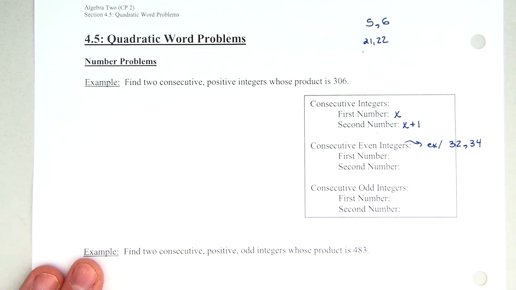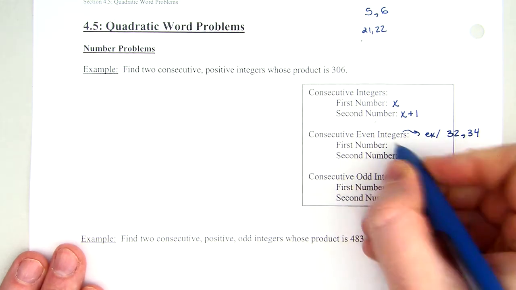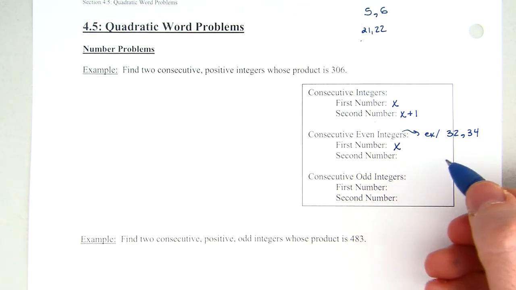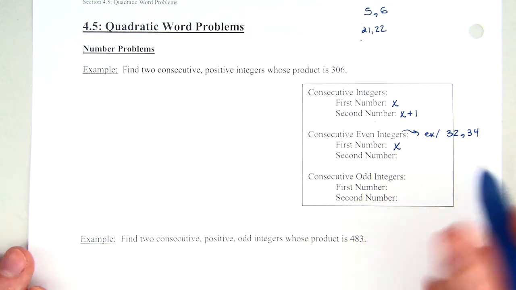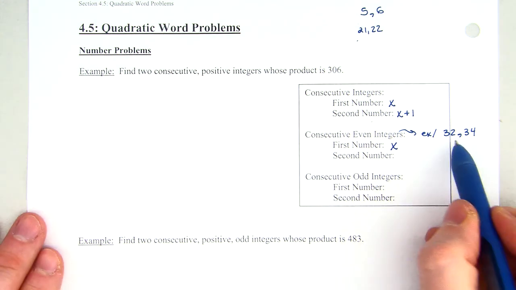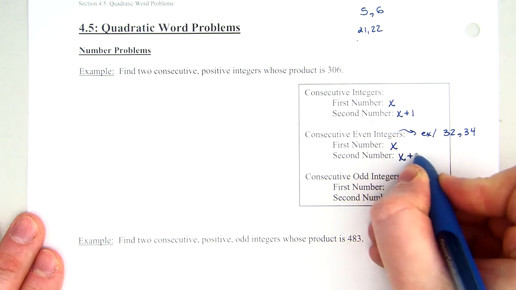If that's what's going on, our first number is going to be x. What would your second number be if we're dealing with consecutive even integers? How would you get to the next even number? What's the formula for it? To get to my next even number I have to add 2, so my second number is going to be x plus 2.